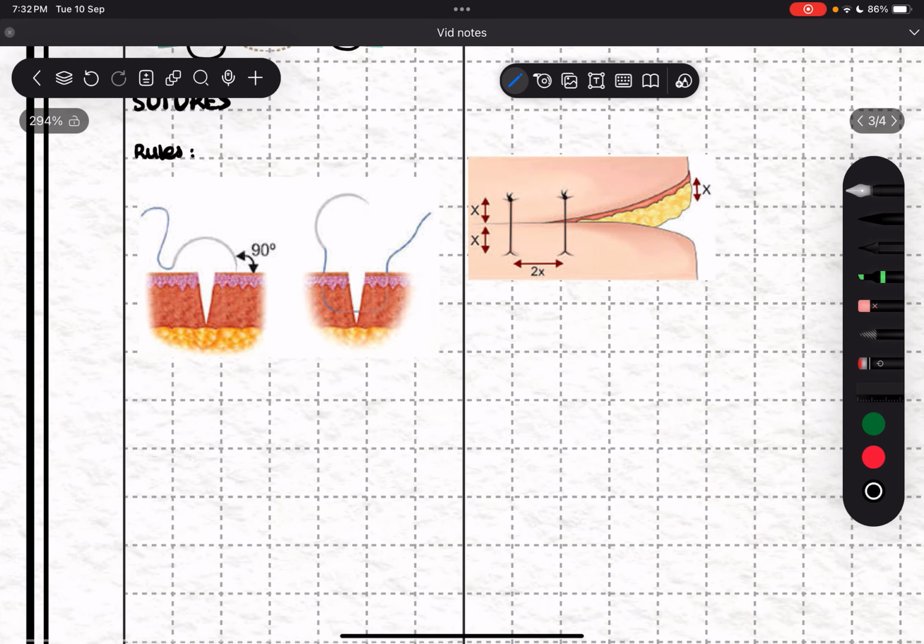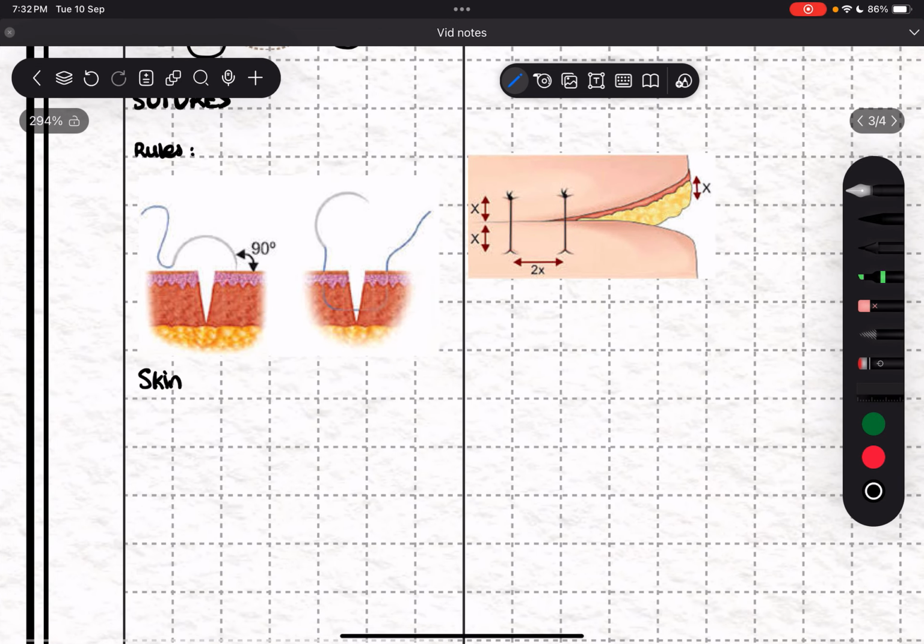Let us get into skin suturing. In skin suturing, first let us have a look at what these images tell us. These images tell that the needle must enter the skin at 90 degrees.